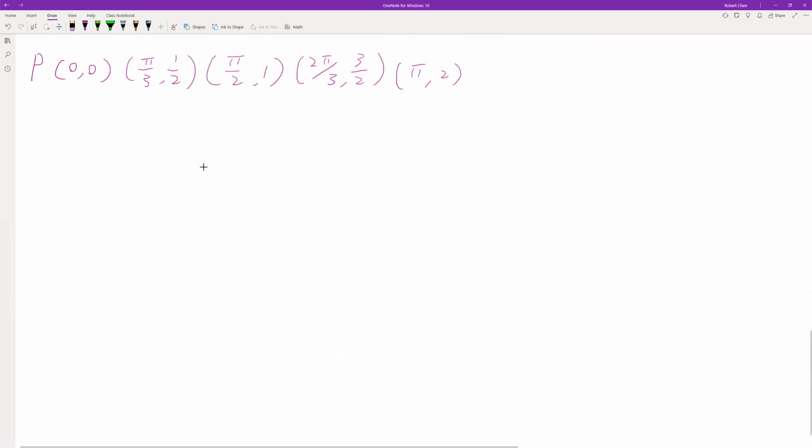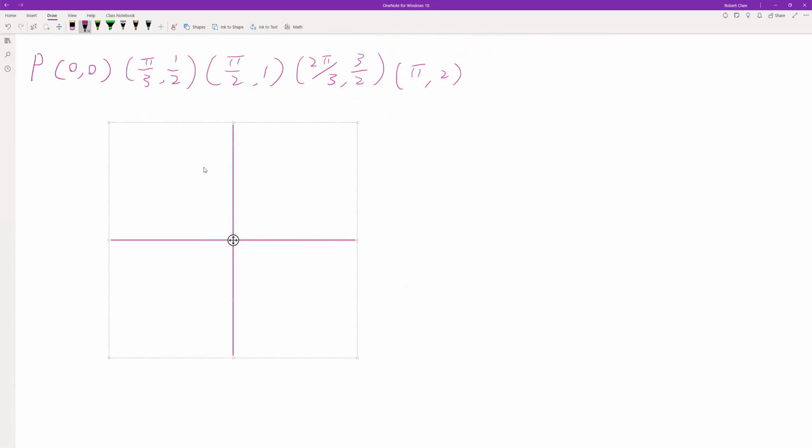Let's name these points A, B, C, D, and E.